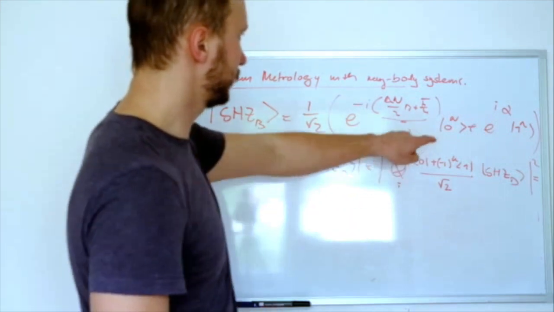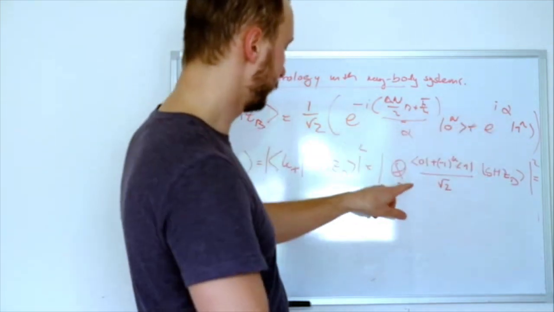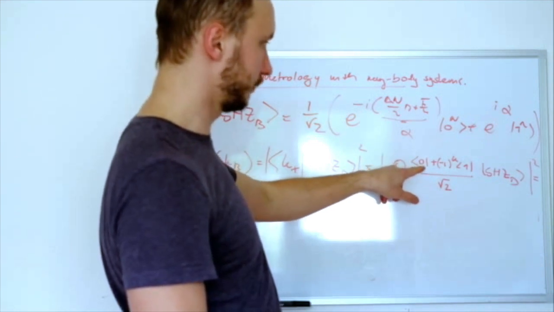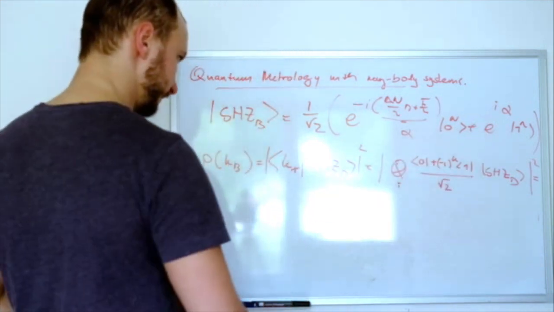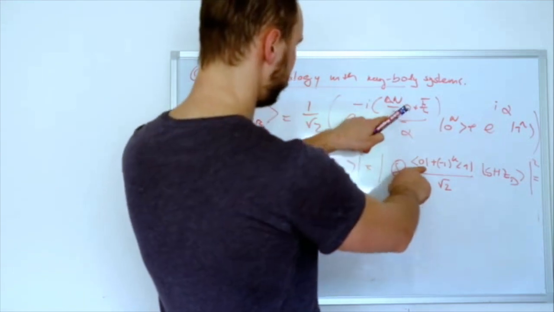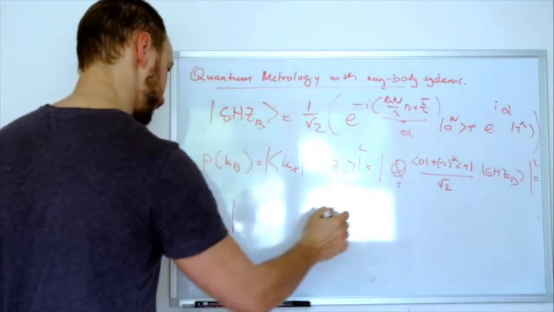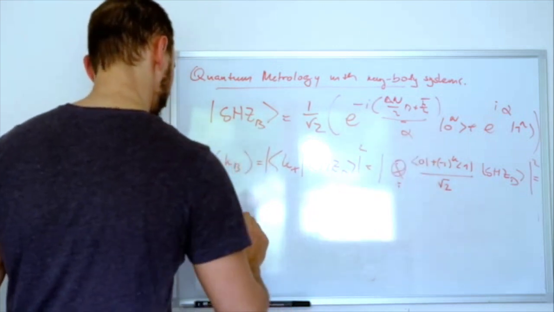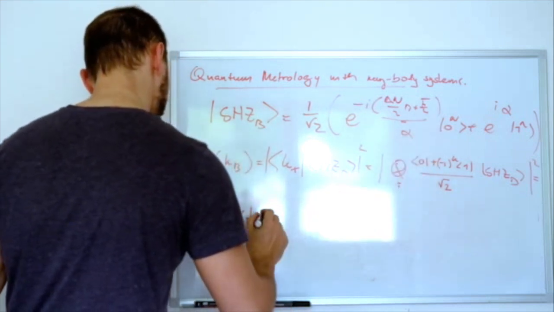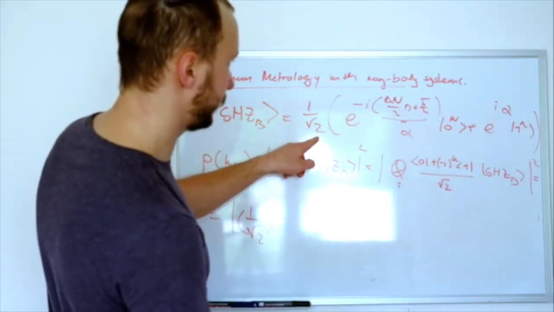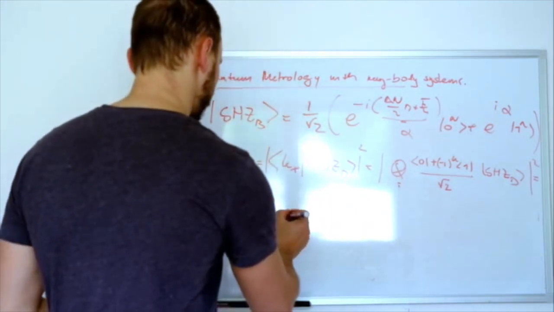And you see that since the GHZ only involves zeros and ones, from all this big product, we'll only pick the terms where all are 0 and all are 1s. And all are 0 is simple. So when all are 0, we just get this phase factor. So in this sum, we get first 1 over root 2 to the power n, a factor of root 2 for each one, and 1 from the GHZ, so n plus 1.